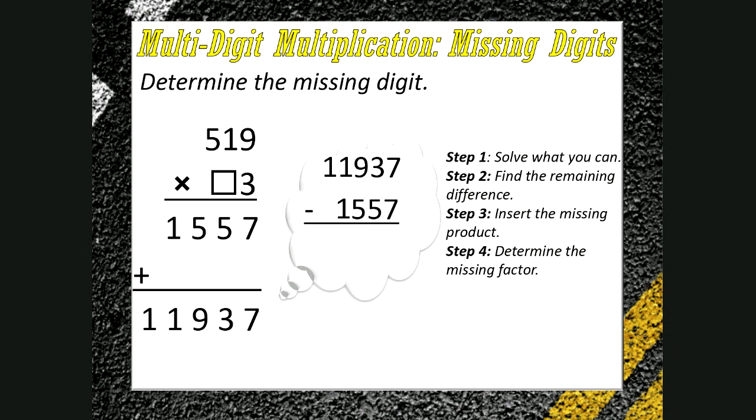Hello everybody. In this video we're going to be looking at filling in missing digits in multiplication problems. So we haven't been given all the digits we need to carry out the problem. Our task is to work out what the missing digits have got to be for the calculation to be correct. Let's start by looking at number 1.